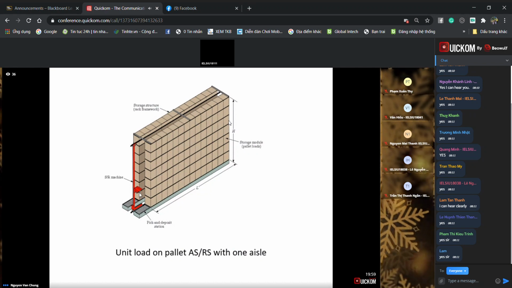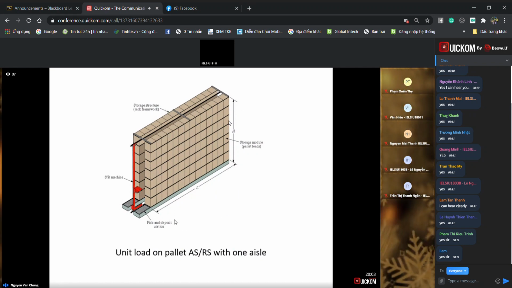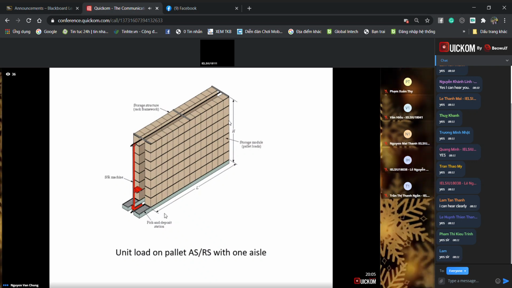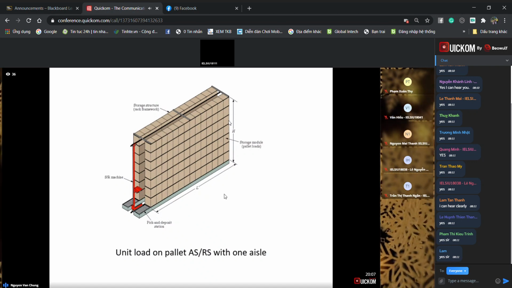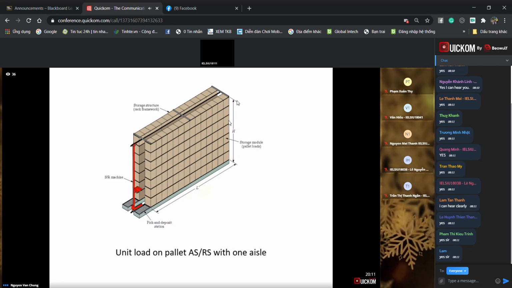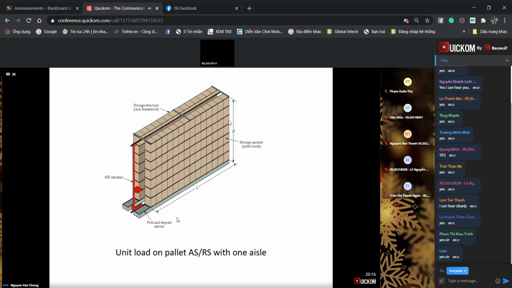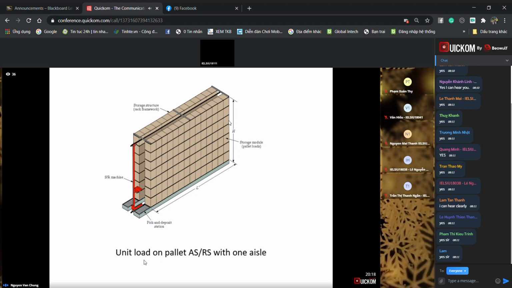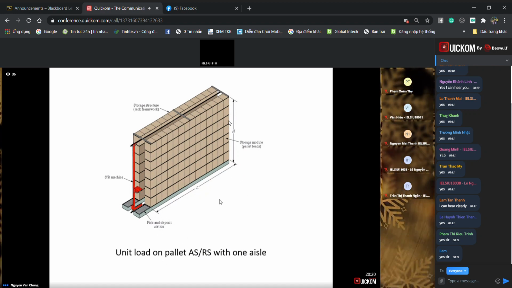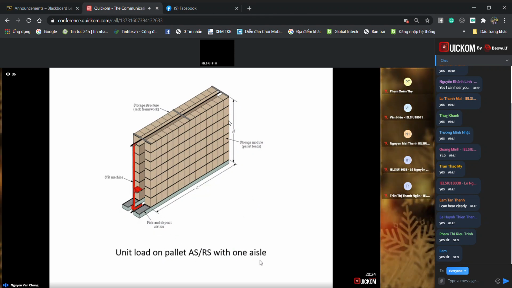You remember the parameters: the length, the height, and the width of the warehouse.